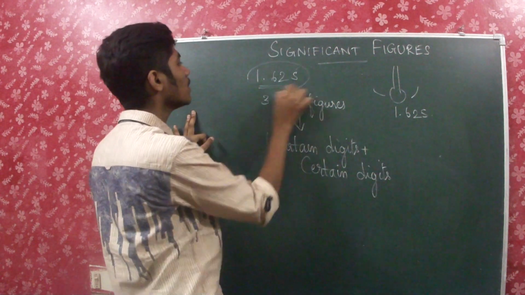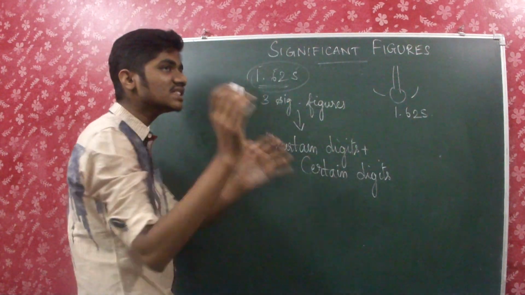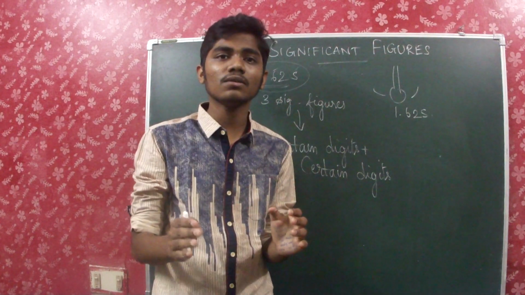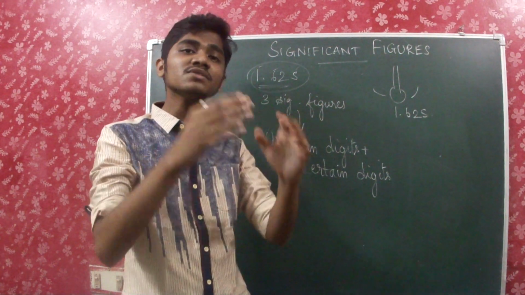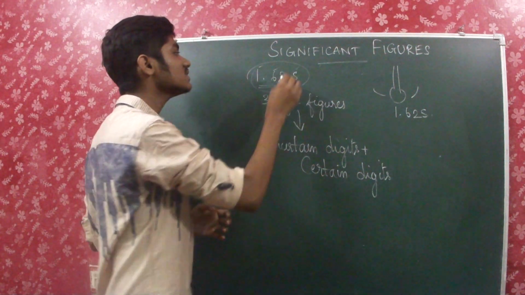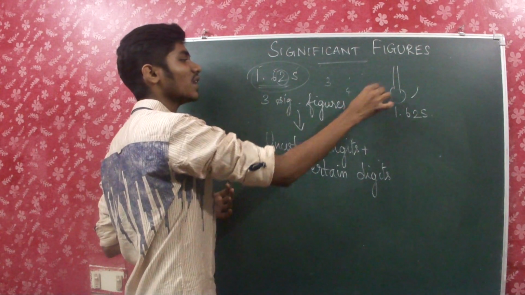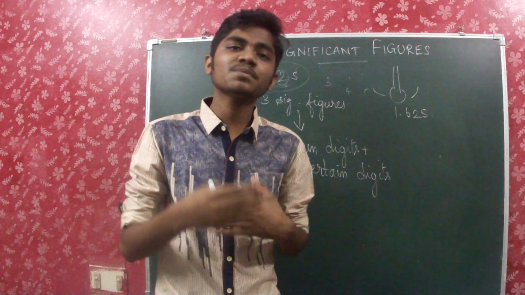So in this value 1.62, you can very well say that these two digits are very certain, that is, they won't change at all. They are values which can be relied upon, they are reliable and very sure. Whereas this one may change into 3 or 4 or 1 or 5 when you do the experiment again and again.